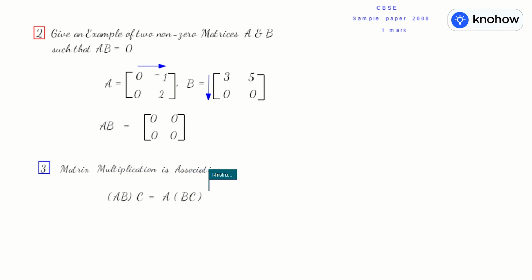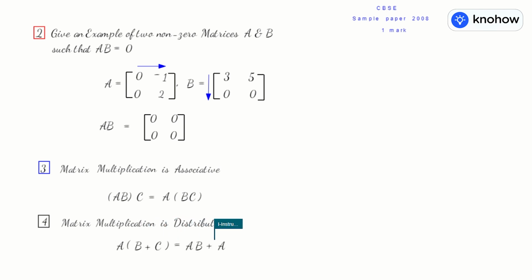It can easily be verified. And even matrix multiplication is distributive. That means A multiplied by B plus C is the same as AB plus AC. It can very easily be verified.